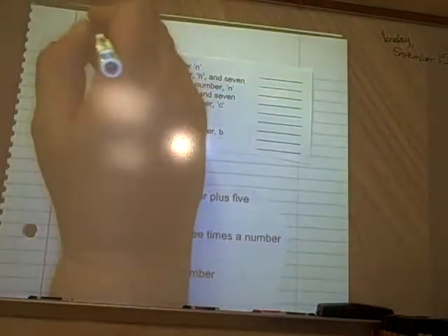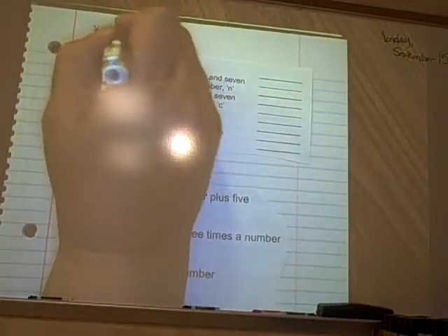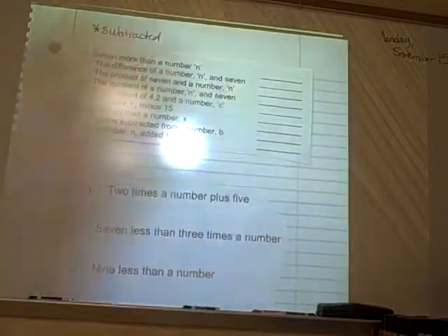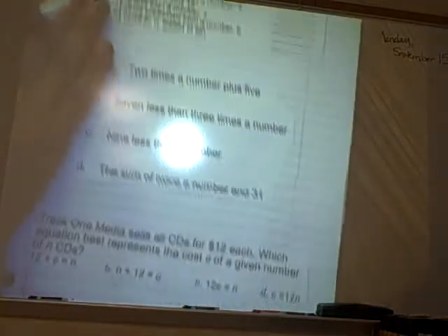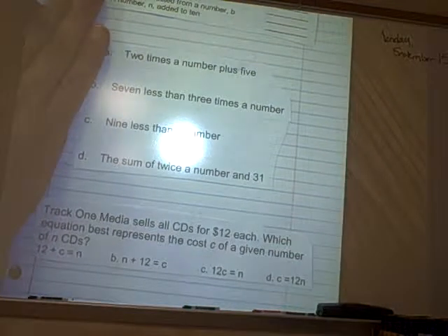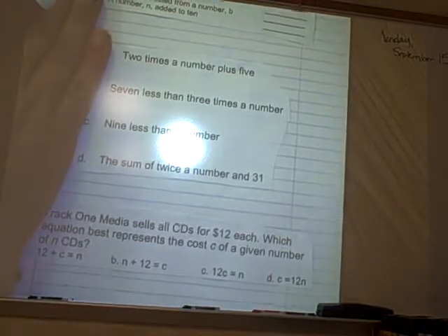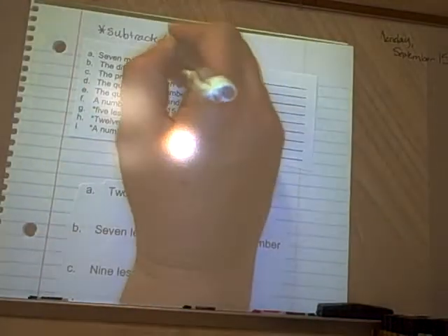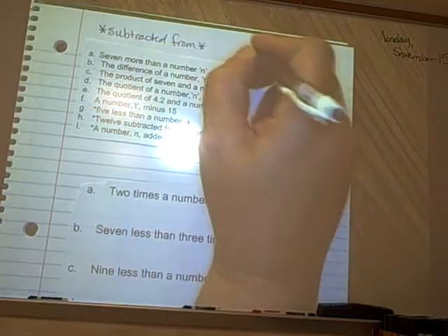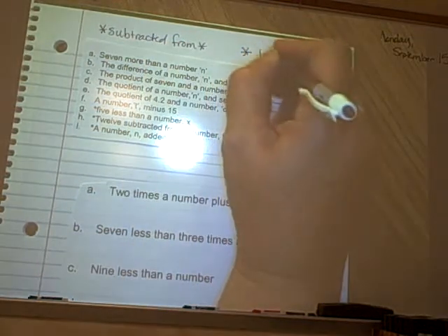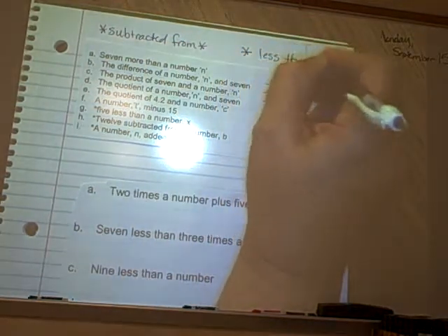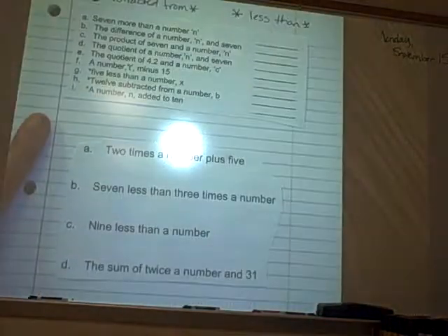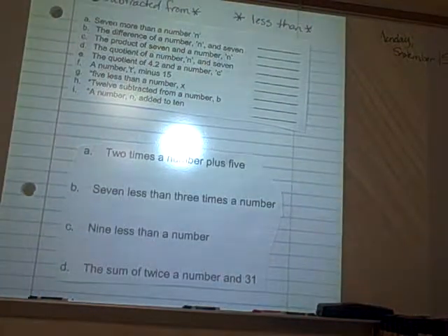So you might want to write those at the top. It's just the track 1 media at the bottom, the little word problem. Subtracted from and less than. Those are your 2 special ones.